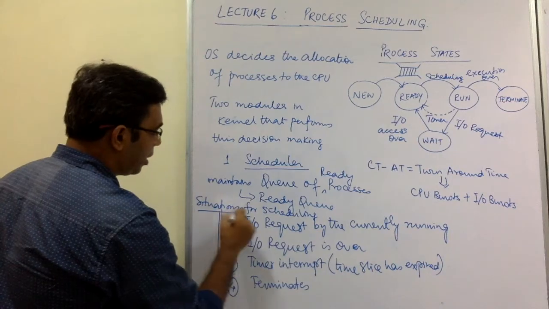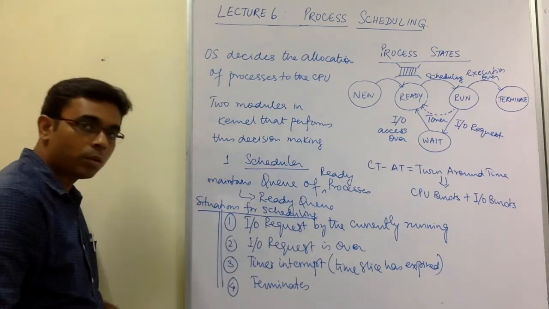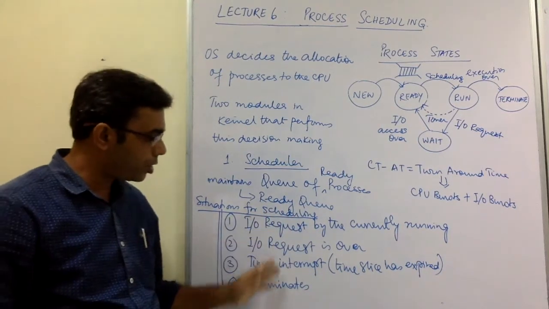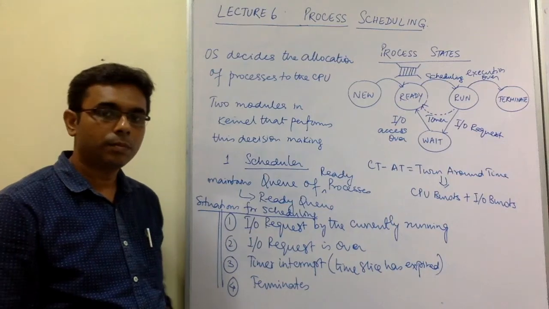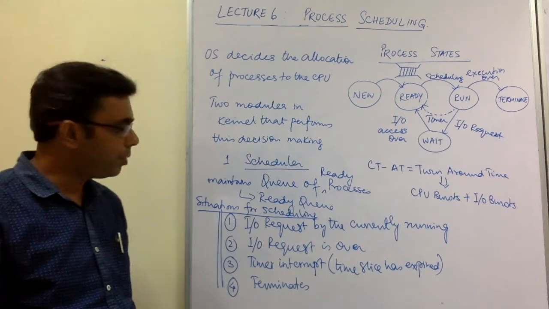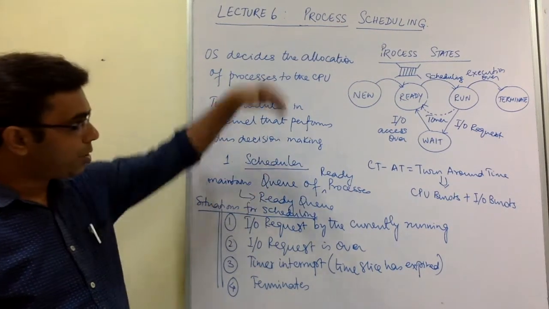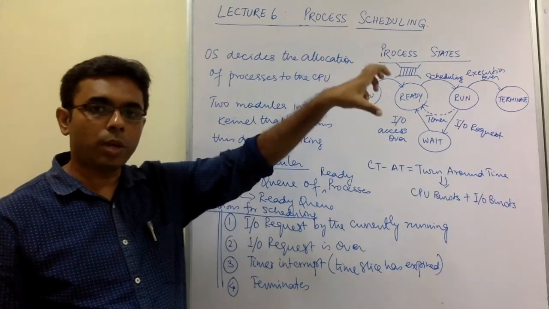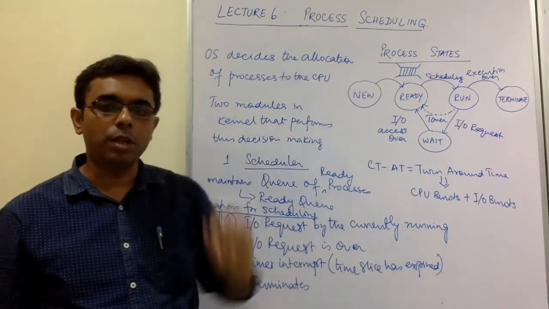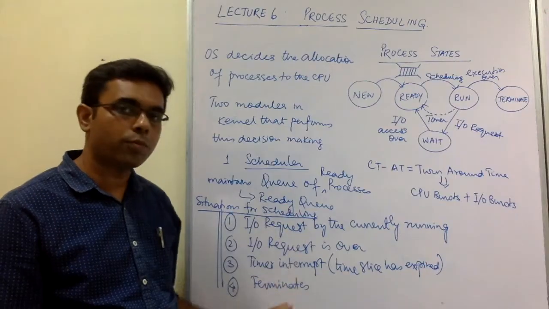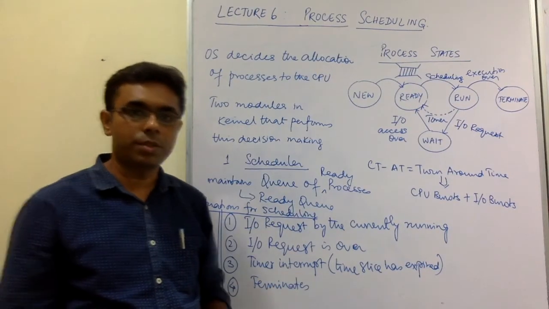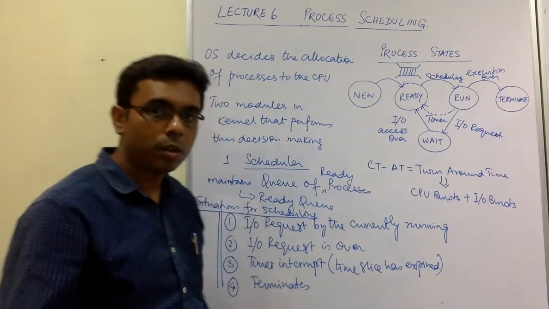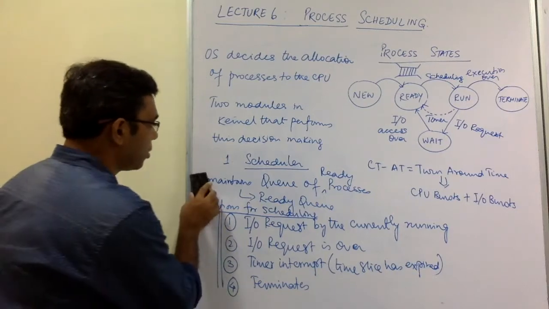A scheduler comes into the picture when one of these situations occurs. Right? And the job of the scheduler is to look up this ready queue, find one of them and allocate it to the CPU when any one of these four events occur. So this is one of the modules that actually performs this decision.